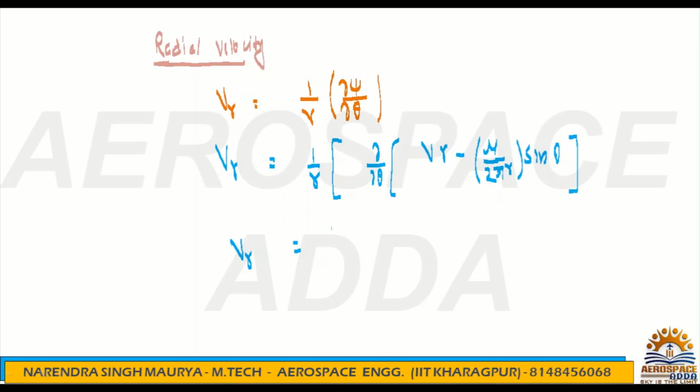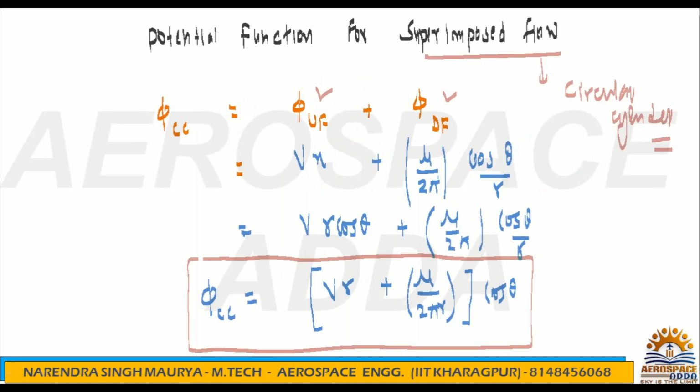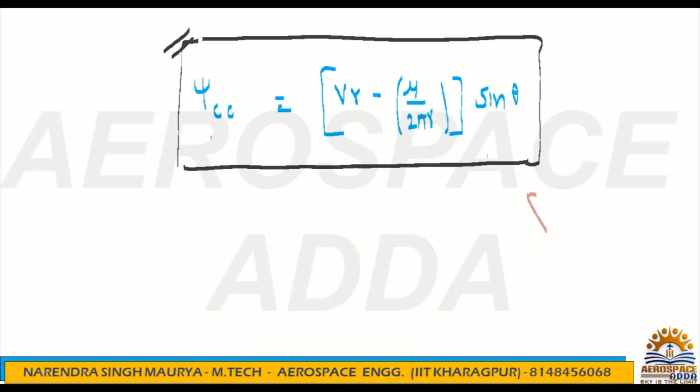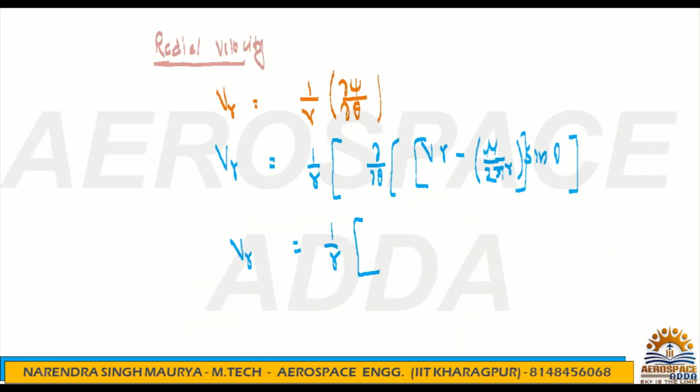Or you can just take 1 by r outside and differentiate this. Once you differentiate, sine theta becomes cos theta, because sine theta is common to both terms.